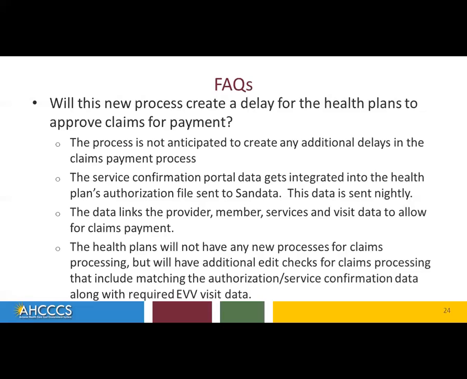We paid it anyway, but here is some missing information. So you're going to get those notices, and that's to support you to know where your weaknesses are so you can correct those so you don't have a claims payment issue when those hard edits come in beginning April 1st.